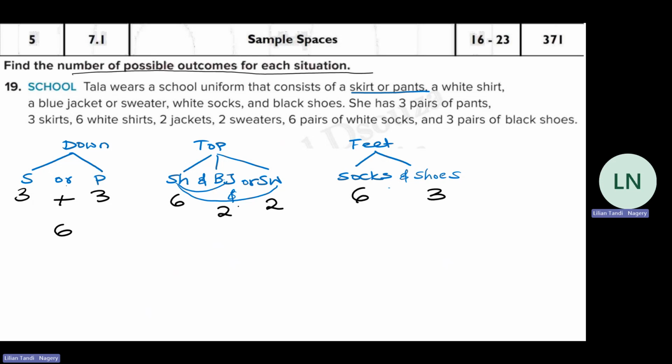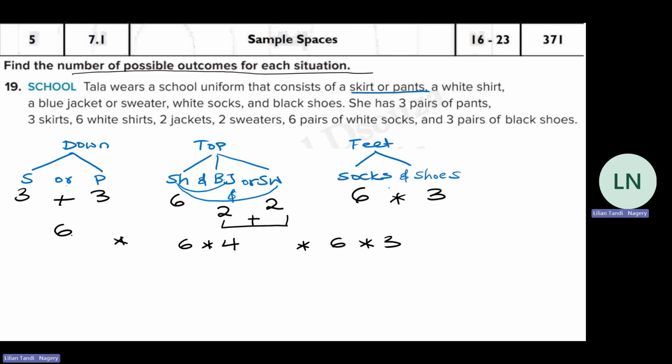Then here, because this is or, you're going to add them. So this will be 6 times 4. And this is and, so you're going to multiply them. So that will be 6 times 3. And then you multiply all of them.